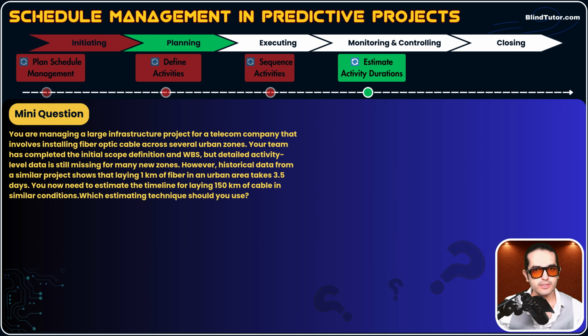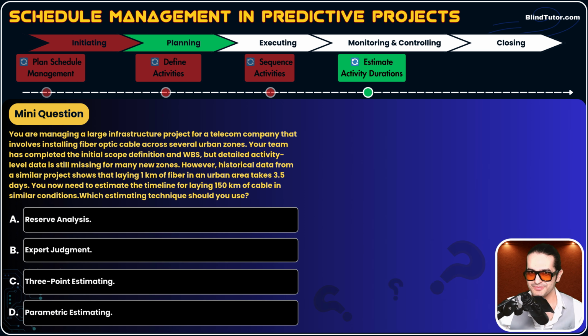However, historical data from a similar project shows that laying 1 kilometer of fiber in an urban area takes 3.5 days. You now need to estimate the timeline for laying 150 kilometers of cable in similar conditions. Which estimating technique should you use?